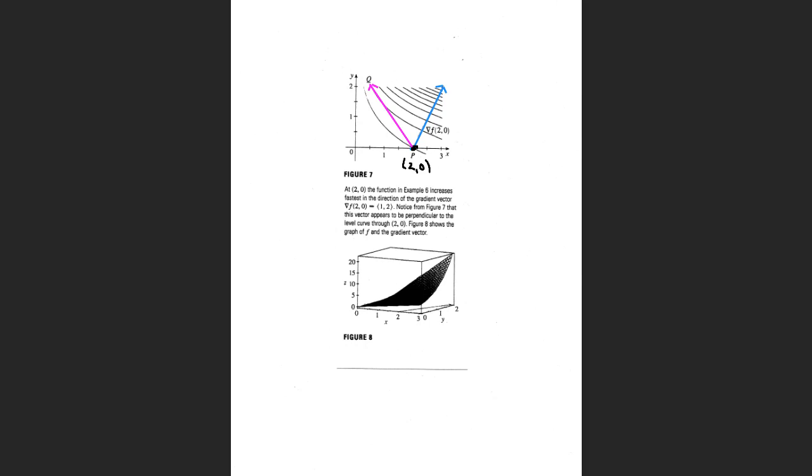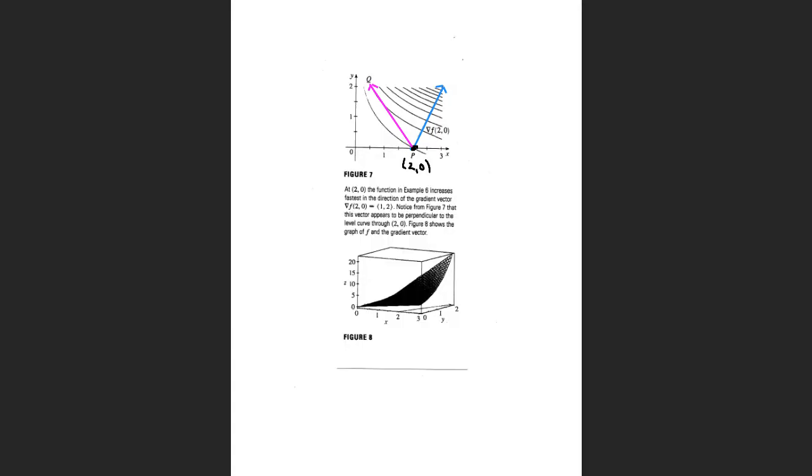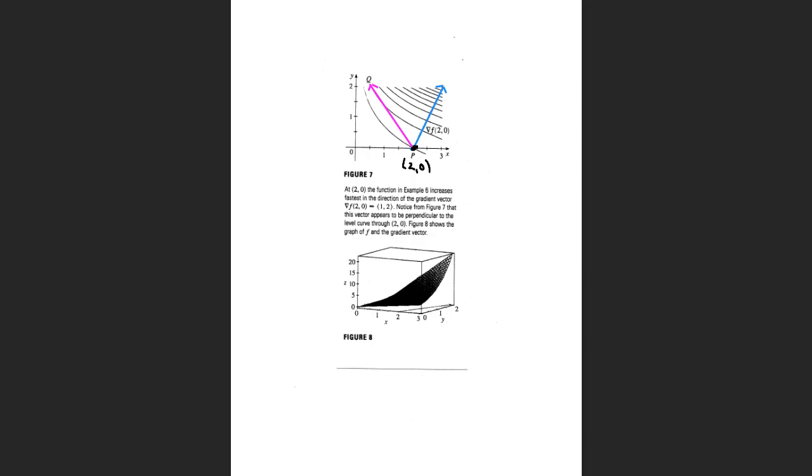You can either choose direction PQ or the blue gradient vector, based on the level curves of the function that they're showing you. In which direction would this surface be steeper? The direction of the gradient vector or the direction of PQ?